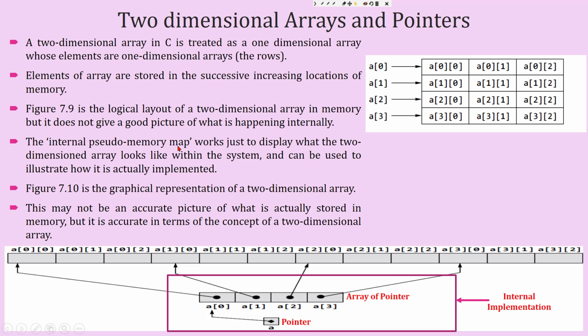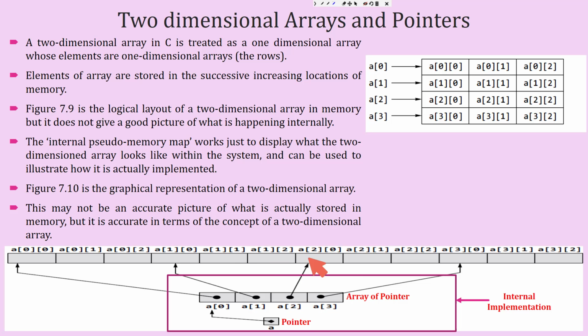Similarly, listen carefully, here also I have a pointer that points to an array of pointers. In this array of pointers, A of 0 will contain the address of the 0th row. Here this is the 0th row: A00, A01, A02. Then A of 1 will contain the address of the first row: A10, A11, A12.